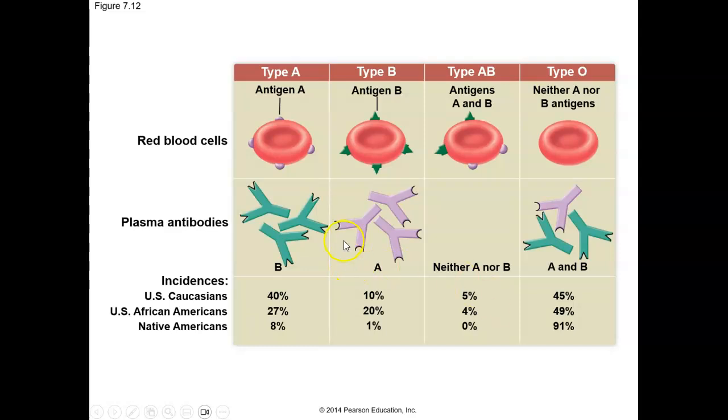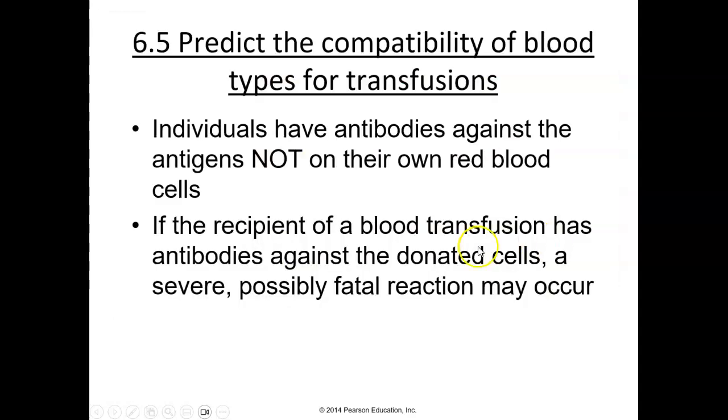So again, if somebody has type A blood and you give them blood with B antigens on it, their body is going to fight that B blood away. If somebody with type O blood, if you give them type A, they're going to make antibodies against it and they're going to fight that blood. And so that's a potentially fatal reaction. You can't do that safely.